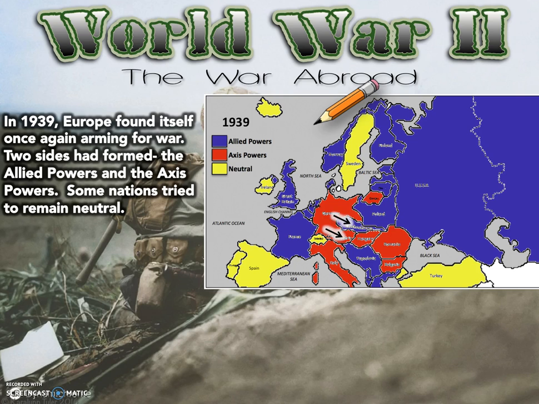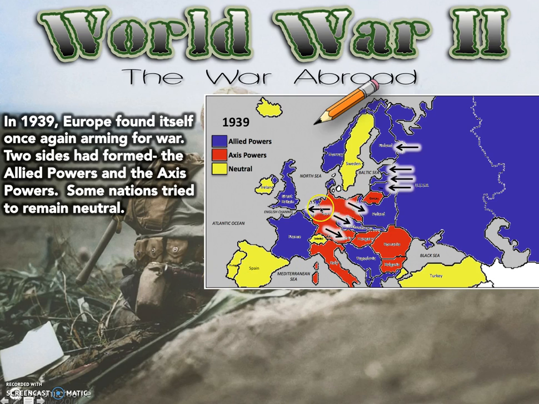Okay. There's going to be some arrows, Germany invading Austria and Czechoslovakia and Poland. USSR, you can see, is going to push westward into what we call Eastern Europe. Okay.